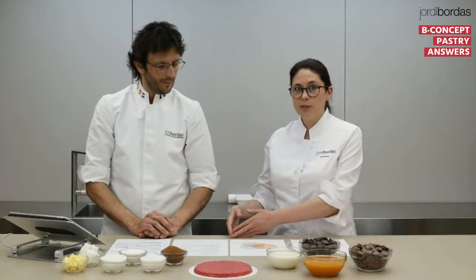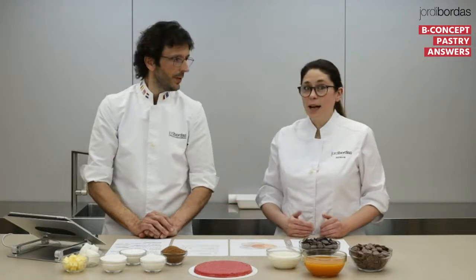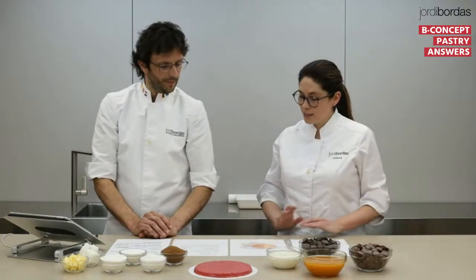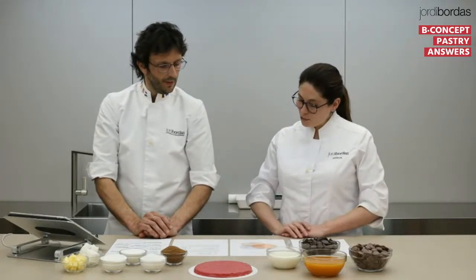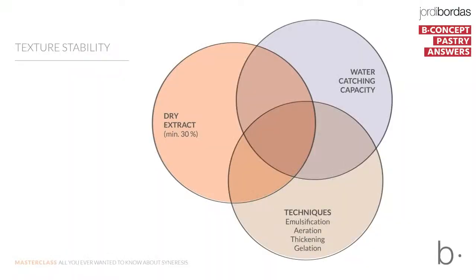Some help us control syneresis to a great extent, like xanthan gum, and some, like native starch, will be helpless. So this is the last point I wanted to make about the techniques. And if you want, Jordi, I think that gelation can help us also to give us the structure on the water.